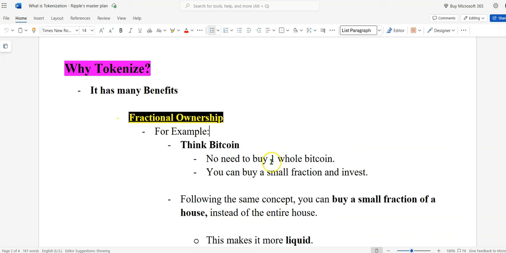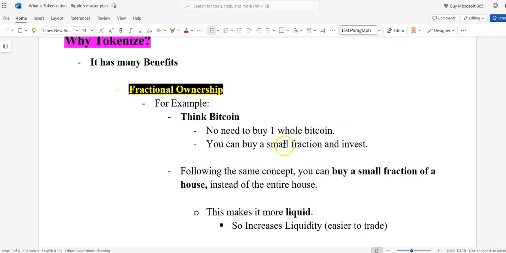You don't need to buy one whole Bitcoin. You could actually buy a fraction of a Bitcoin. If all you have is, let's say, $10, you could buy $10 worth of Bitcoin. Maybe the fees are going to be super high, so it might not be worth it. But the whole point is that you don't need to spend $100,000 to buy a whole Bitcoin. You could just buy a fraction of it.